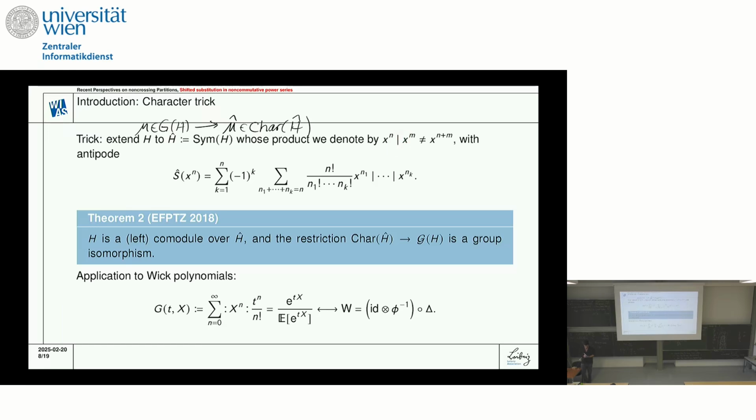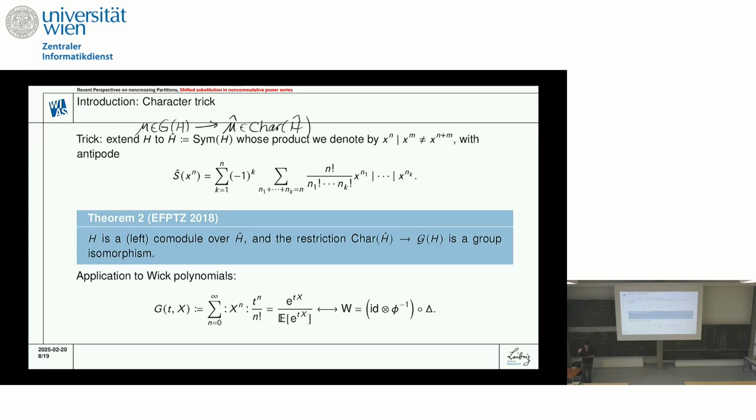And in that case, I can formulate the inverse in terms of this antipode, which is again the formula that we saw before, but now internal to H hat. So it doesn't require knowledge of phi or anything. This is just a map that I compute once, and I can use it to invert any linear map.